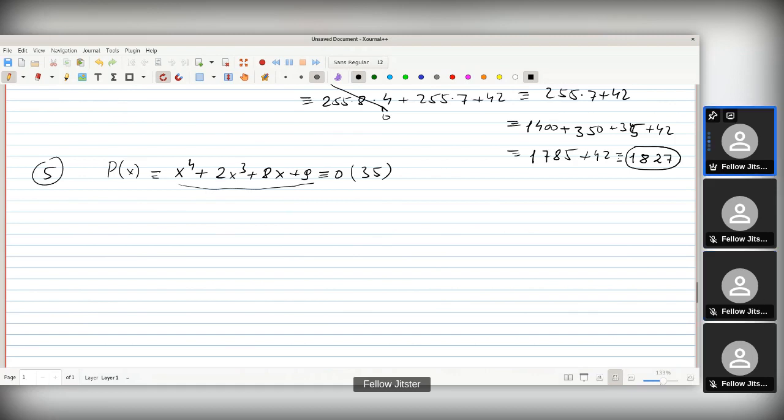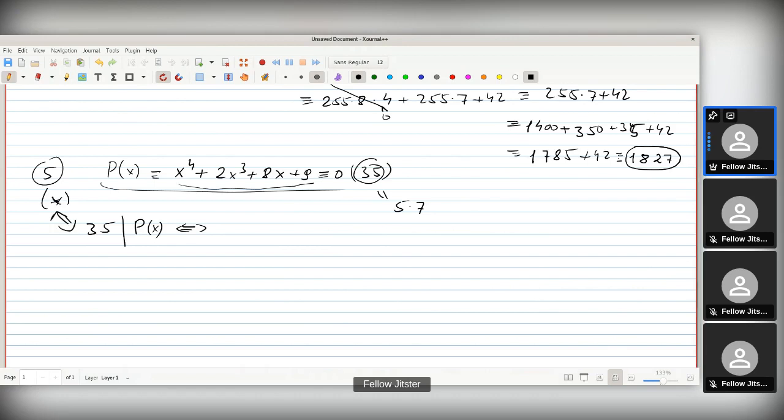Yes. But there is a better way. First of all, what is 35? It is 5 multiplied by 7, where 5 and 7 are co-prime. My congruence means that 35 divides P of x. Its remainder is 0, so it is divisible by 35.